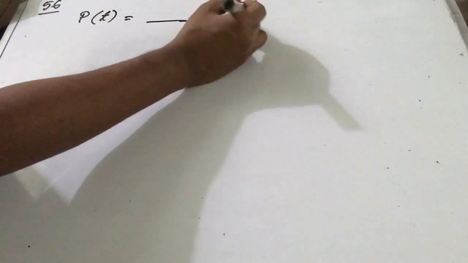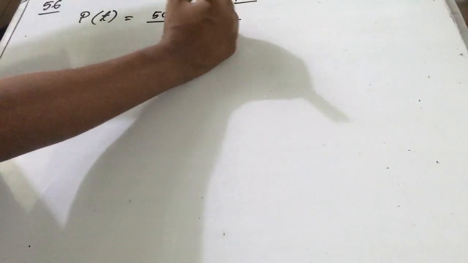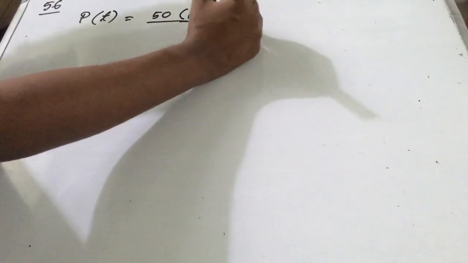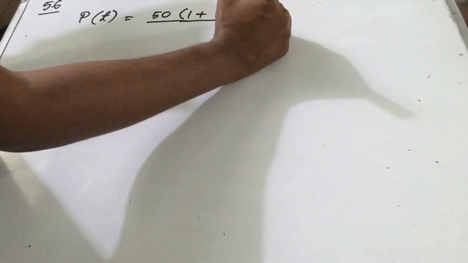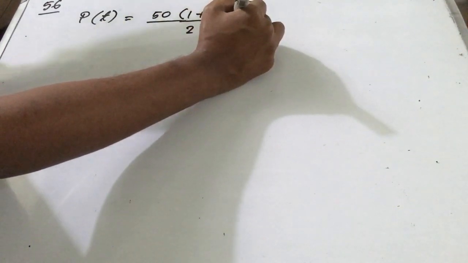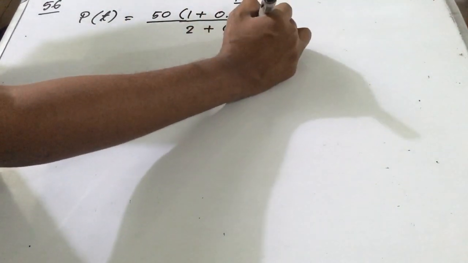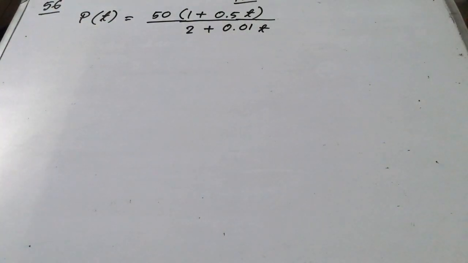The function given is P(t) = 50(1 + 0.5t) / (2 + 0.01t). So this is the function for the population.